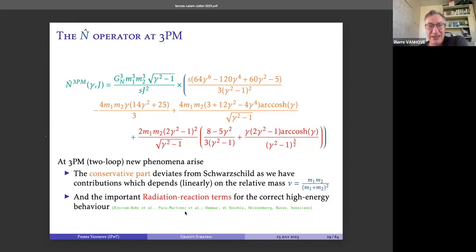It is a non-trivial conceptual reformulation, so we had to check it, and there have been a lot of cross-checks.